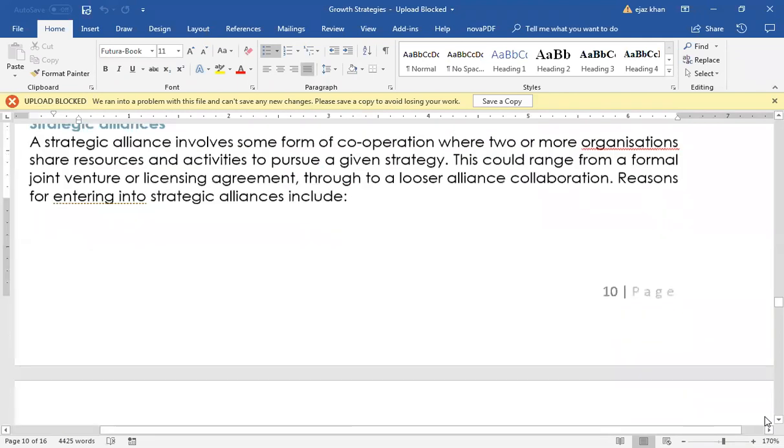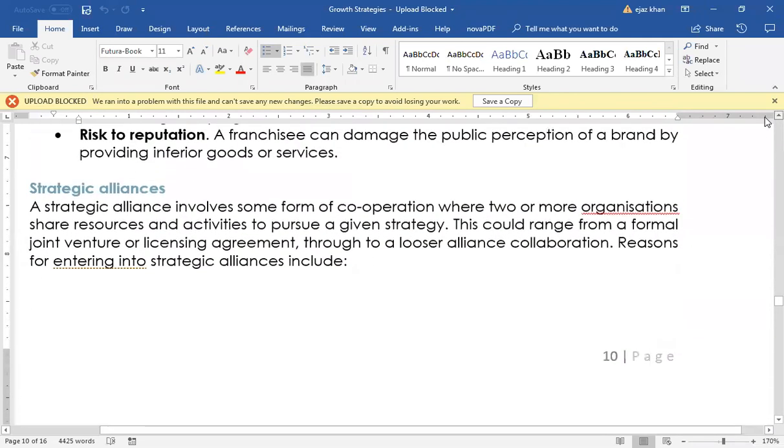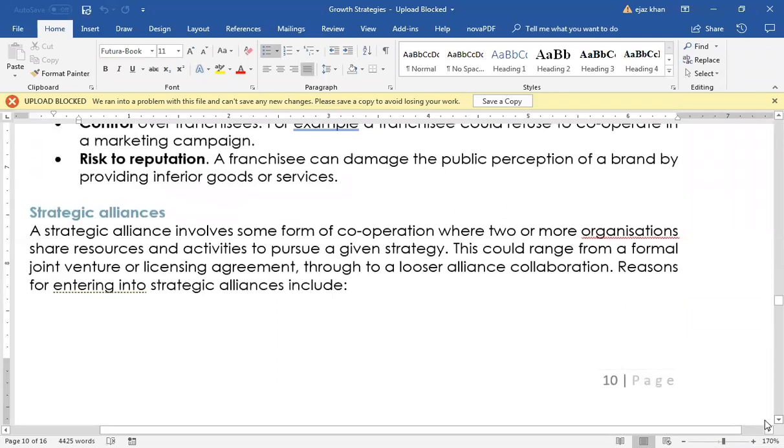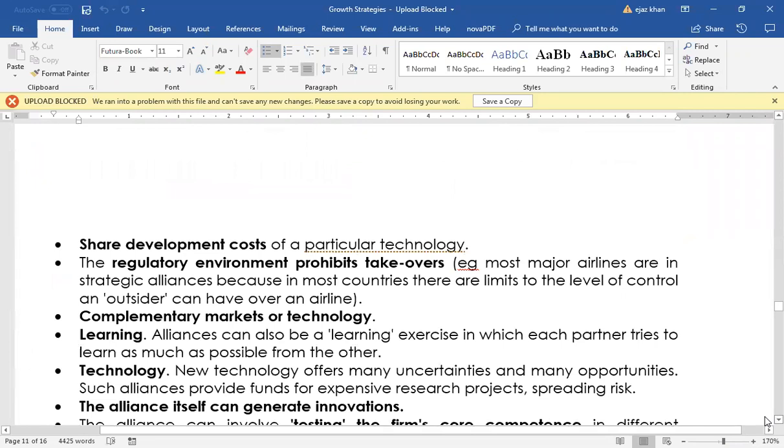Then we have the other types of strategic alliances, like joint ventures. A joint venture, you know, is when two companies join together to carry out a particular venture, and the partnership will only continue till the end of that venture.